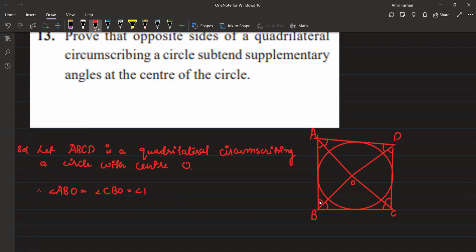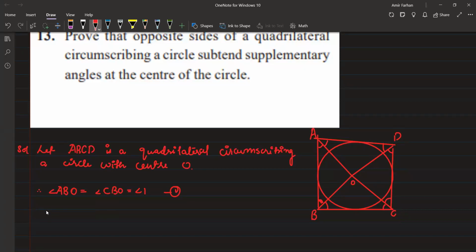This angle, basically angle ABO and angle CBO. Clear? Because tangents, if the tangents are equal, so angles will be equal. Clear? Yes. So this is your equation number 1.